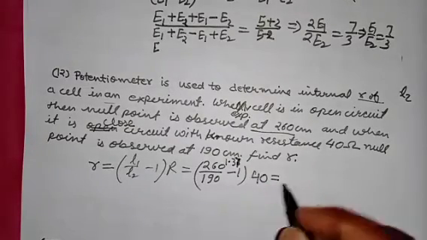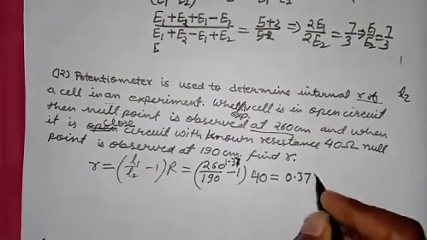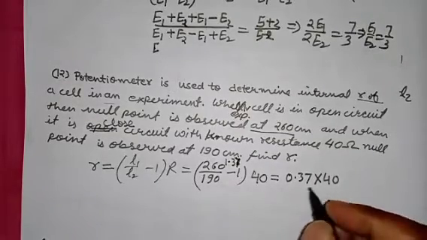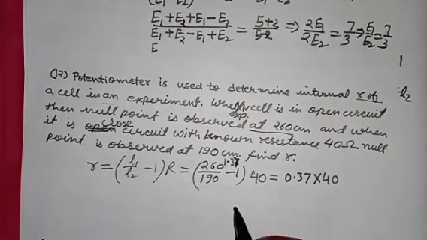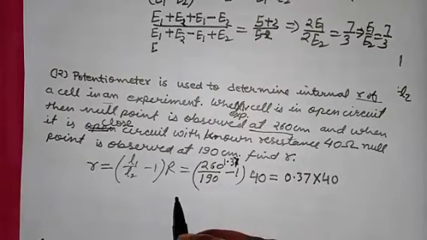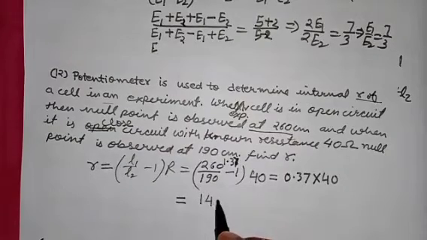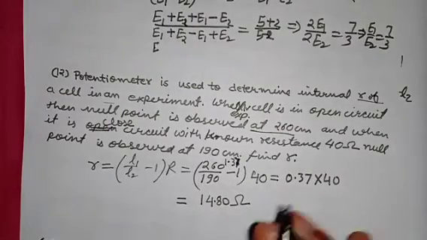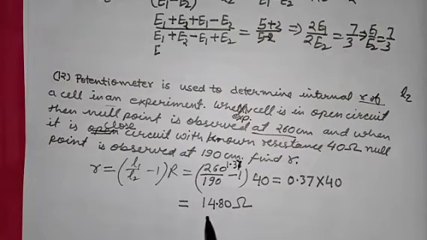You can calculate it on your own. Then 1.37 minus 1 is 0.37, multiplied by 40. So 37 fours are 148. So this is the answer. I have done it just orally, so there can be a slight error, but that is accepted also.